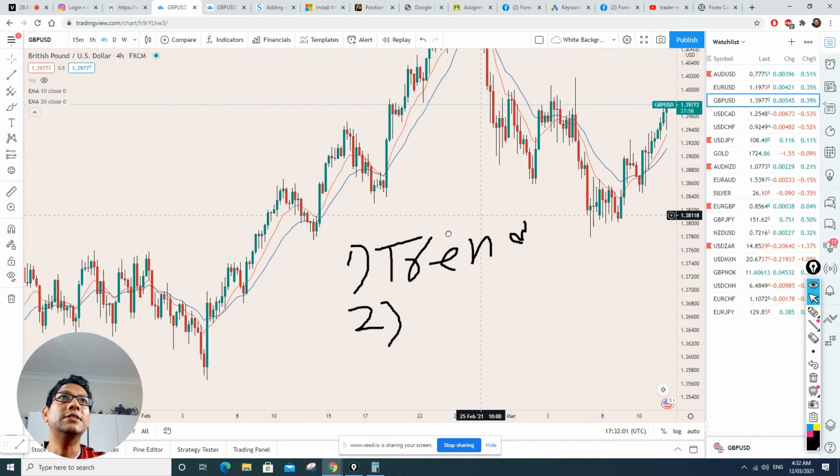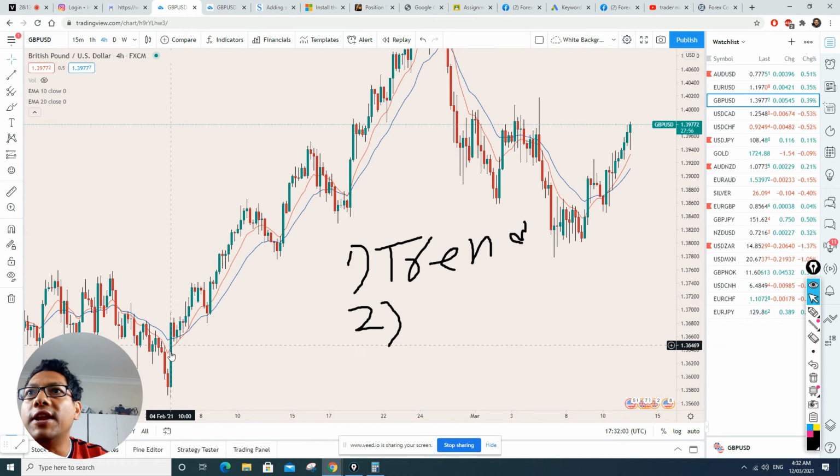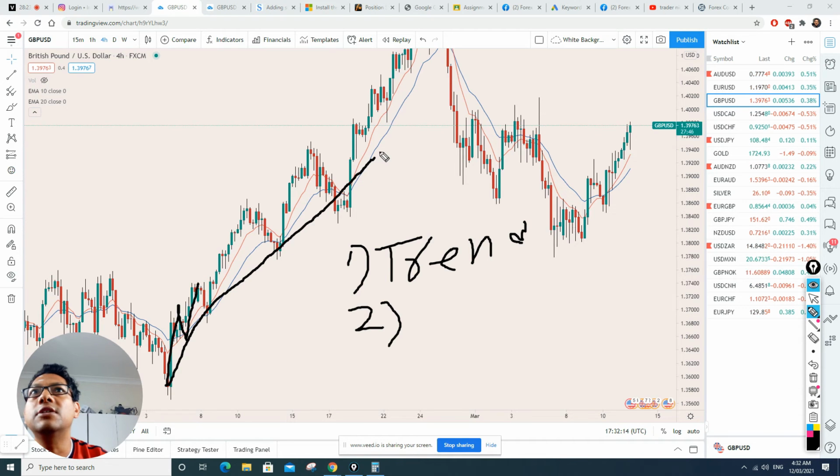Look at this example. So this one is trending up. How do you know? First, confirm the trend. Look, 1, 2, 3, and this is our trend line, right? This is our trend line. 1, 2, 3.